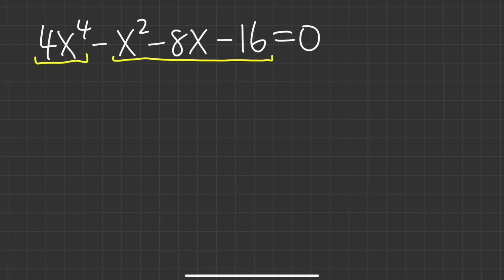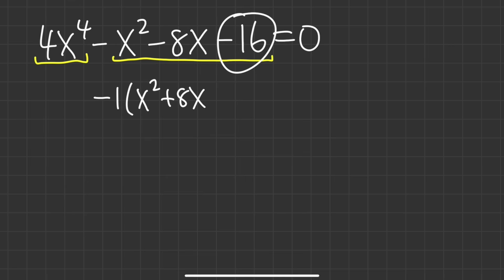For the first term, I'm just going to leave it for now, but for the second term, I will factor out a -1. And then the rest, which is just x squared, right? And then it was negative 8x. We took out a negative, so it becomes a positive 8x. Negative 16 divided by -1, that will be positive 16.